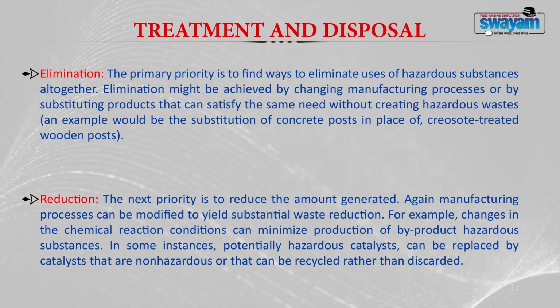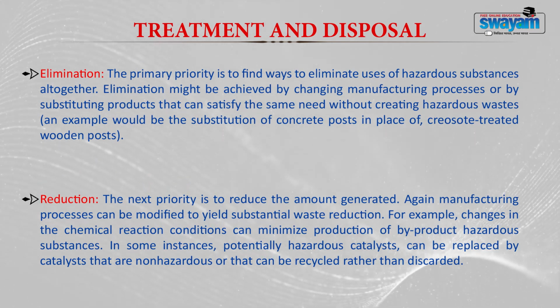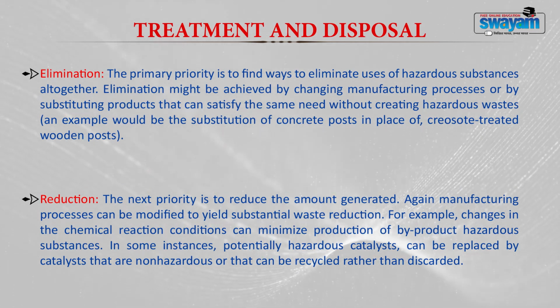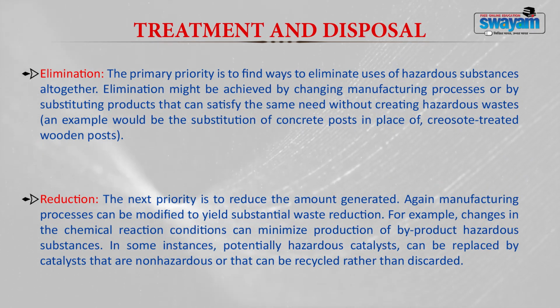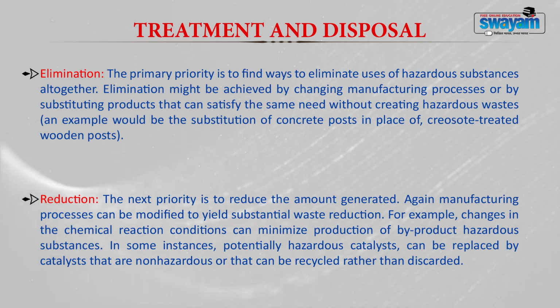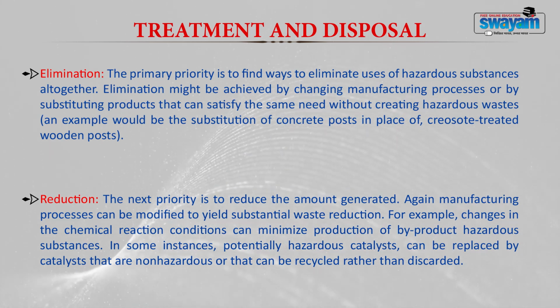The second step in the hazardous waste reduction measure is reduction. This is the next priority after elimination. If you cannot eliminate something, you can reduce the amount of hazardous waste that is being generated. Again, if you bring certain changes in the manufacturing process, you can yield a substantial waste reduction. For example, you can change the chemical reaction conditions to minimize the production of hazardous byproducts.